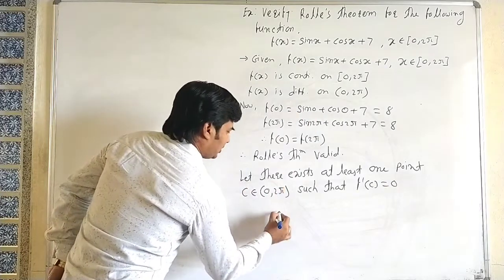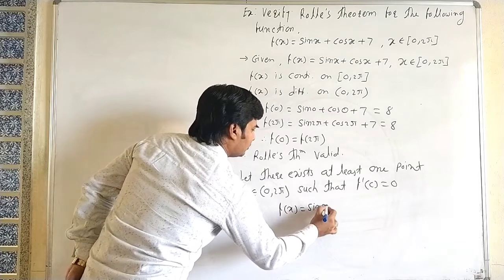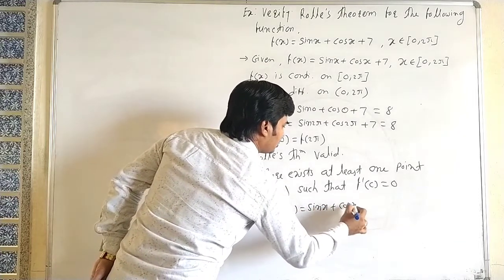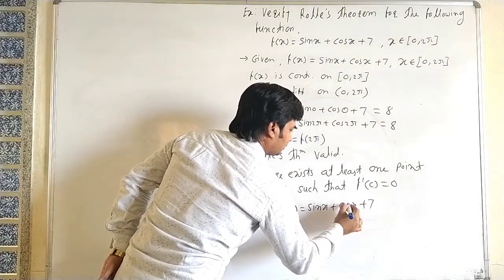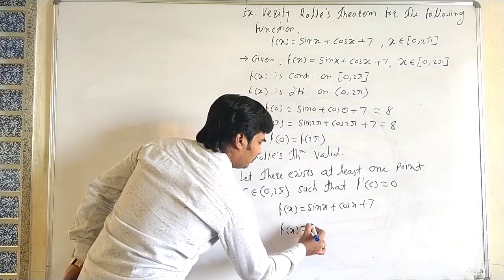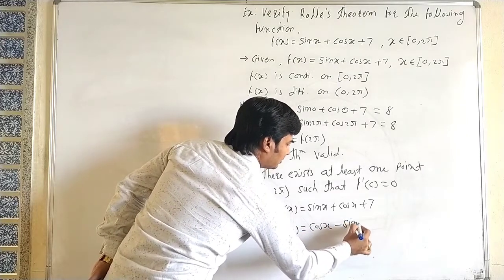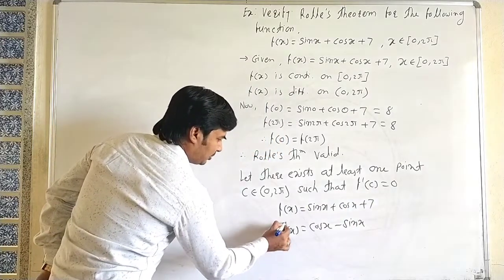Then f of x is sin x plus cos x plus 7. Now f dash of x is equal to cos x minus sin x.